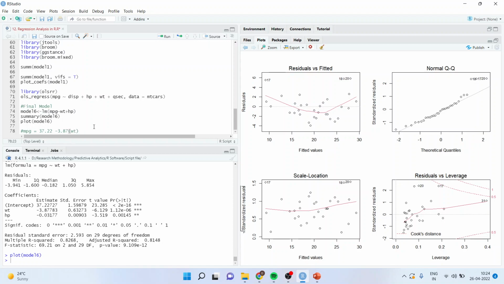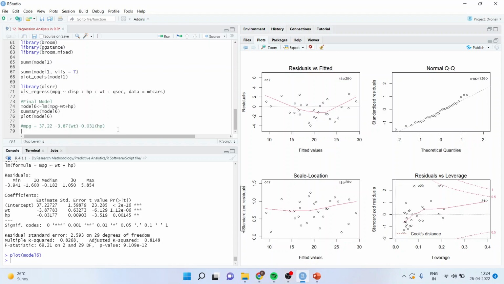We always take the unstandardized coefficient, this one, this into this, minus 0.031 horsepower, right? This is the model which we have constructed.